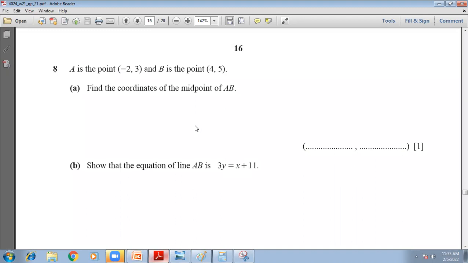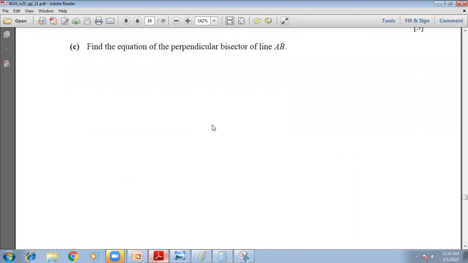The perpendicular bisector will be passing through the midpoint, and its gradient will be the reciprocal and negative of the gradient of AB. So it will be a line passing through the midpoint of AB, and its gradient will be the reciprocal of the gradient of AB, and it will be negative. You have to change the sign.